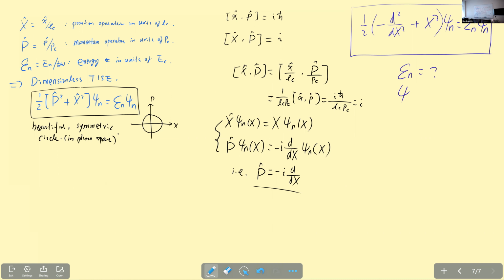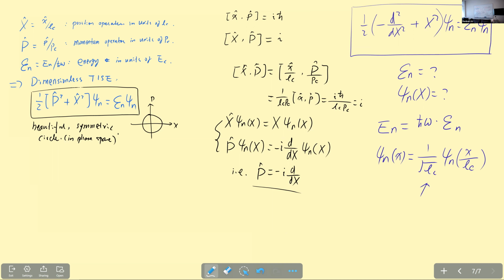What's this? And what's this? And if we find this one, the energy in the physical system will be just h bar omega times epsilon m, right? And then the physical wave function will be simply this, times 1 over square root of LC.